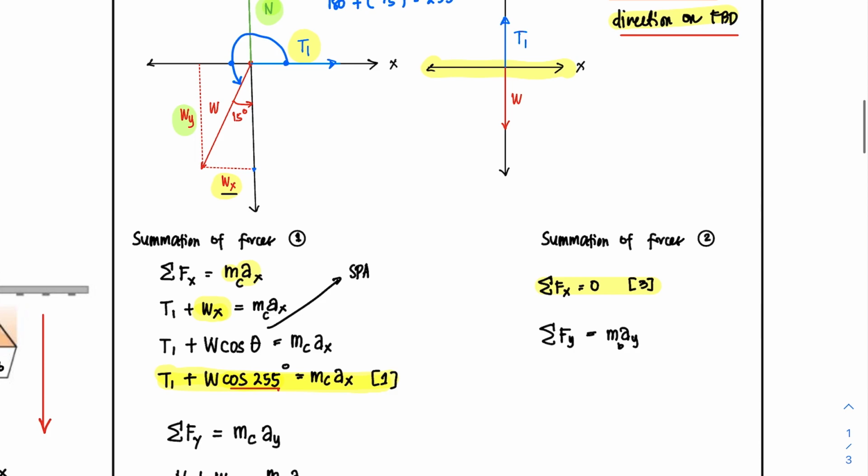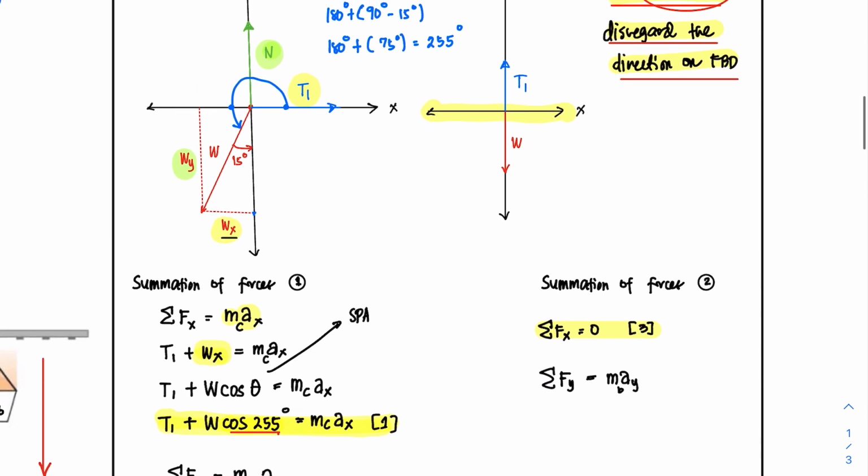So what are the forces existing on body 2 along the y? First, we have tension 1, which is directed up. So we have T1, and the weight, which is directed downward. So minus the weight is equal to mb a sub y.